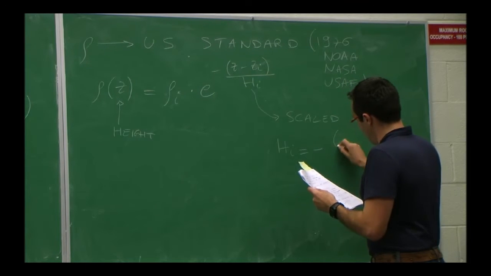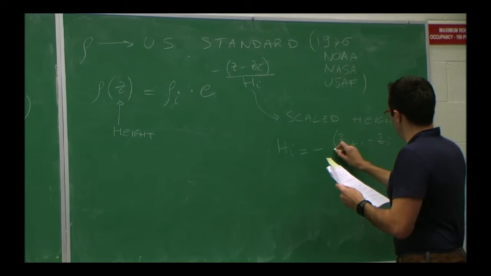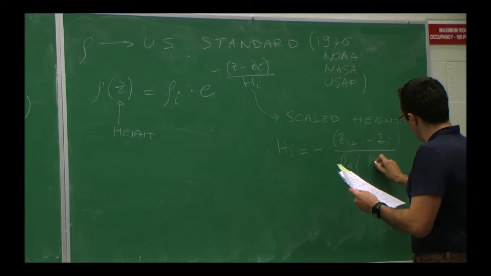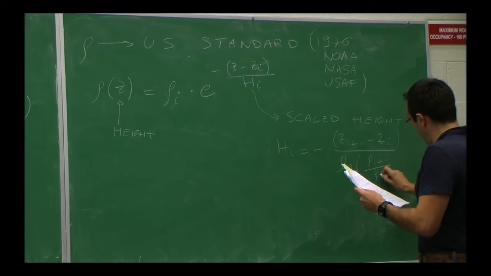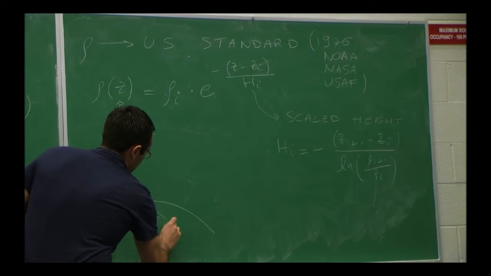You really don't need to memorize any of these because basically there is a lookup table for all these values that you can use. And this is the natural logarithm of rho_i over rho_(i+1). The i's only indicate that you start from the surface of the planet.